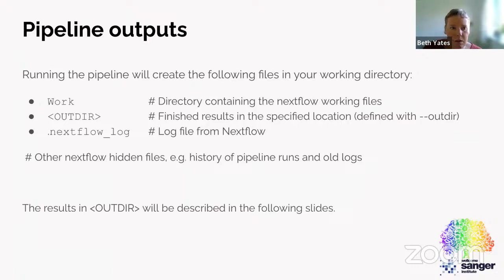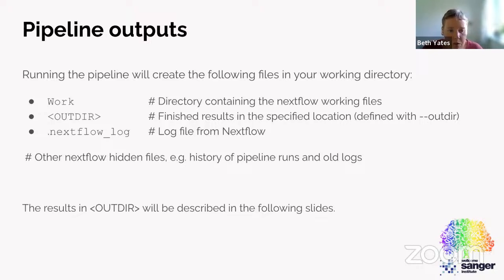So in terms of pipeline outputs, when you run the pipeline, you'll notice that there'll be a set of files that get produced in your working directory. There'll be a directory called work, and this contains all of the files that are used by Nextflow as it runs the pipeline. So all the logs of the different steps will be there.